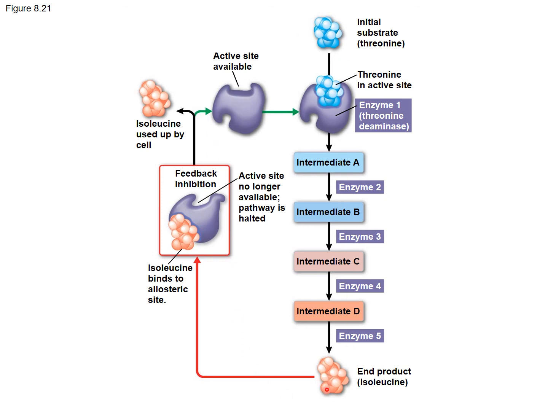You produce enough isoleucine, it stops the pathway because we don't need any more. But then when the isoleucine starts to get used up by the cell, the pathway automatically restarts because isoleucine is not present to bind this enzyme and stop the pathway. Pretty interesting, huh? A lot of enzymes are regulated in this way. It's called feedback inhibition.